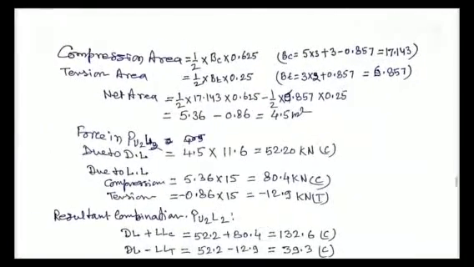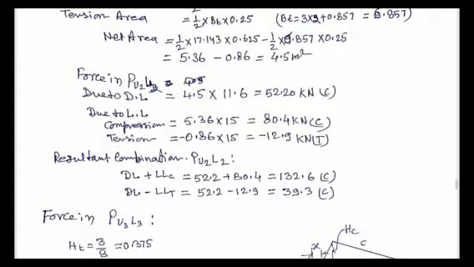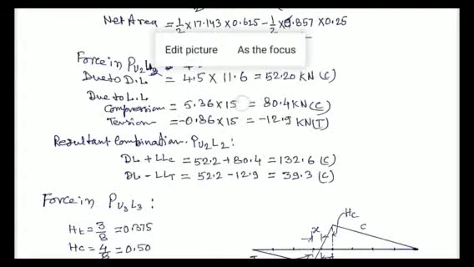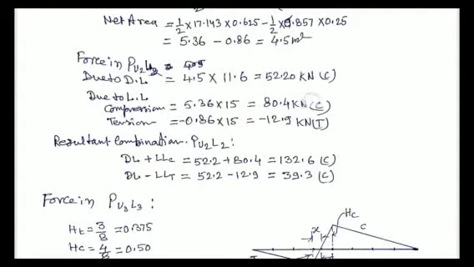Hence, the force in member U2L2. Due to dead load, the force will be the net area multiplied by the dead load. So 4.5 into 11.6 comes out to be 52.2 kilonewton, which is compressive in nature.